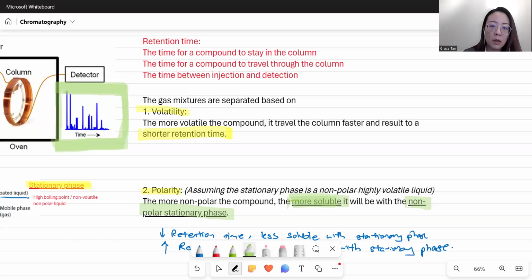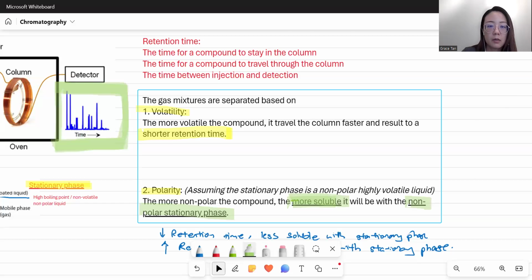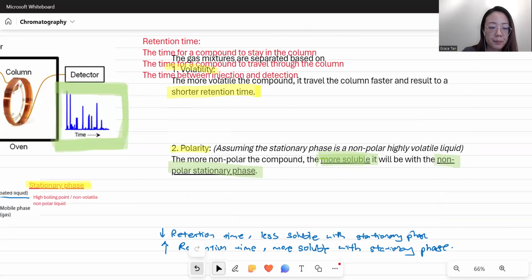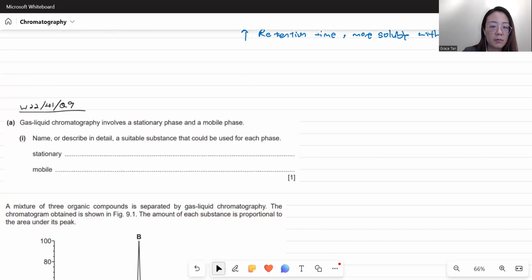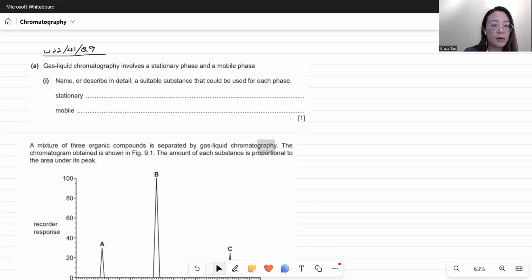Now, continuing, there is more quantification to be made, which is a simple math. And I'm going to bring up winter 22, 42 past year, so that you can gauge what is an example of calculation that comes out, okay?